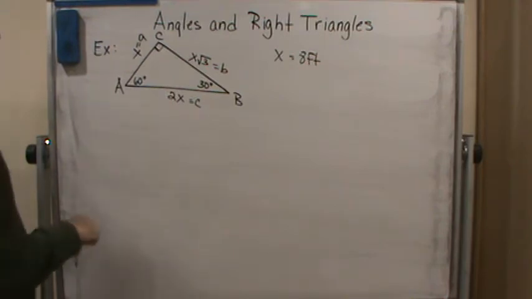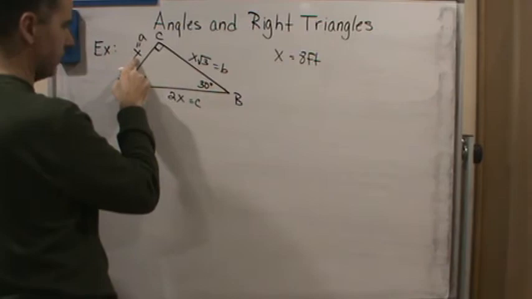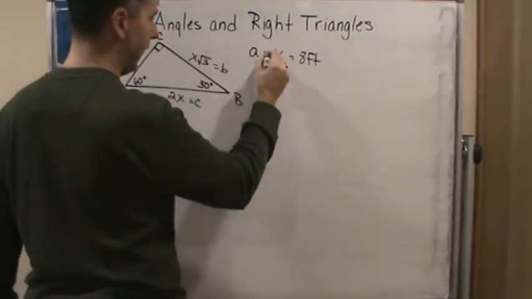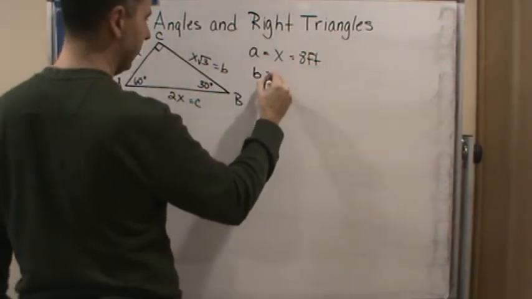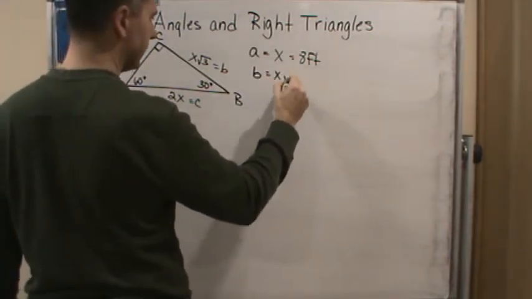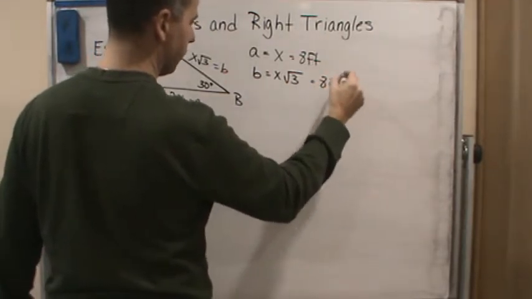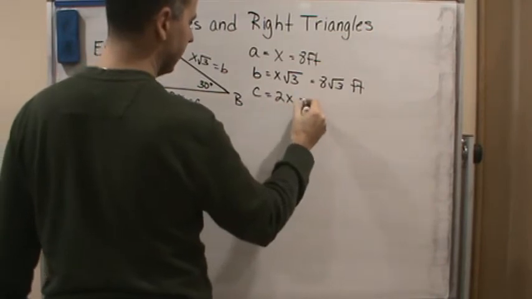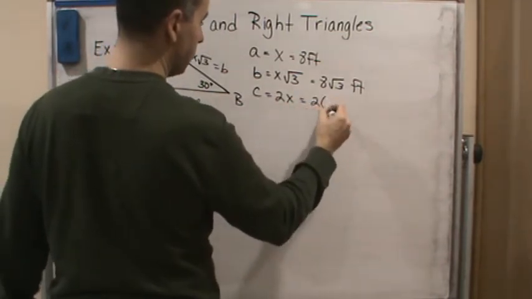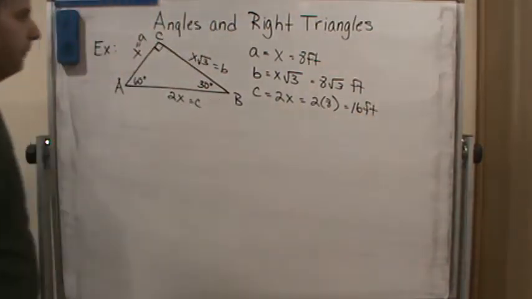Now, if A equals 8 feet, which is X, so A equals X equals 8 feet, then B equals X times the square root of 3, which is just 8 times the square root of 3 feet. And then C, which equals 2X, is 2 times 8, which equals 16 feet. And we're done. It's that easy.